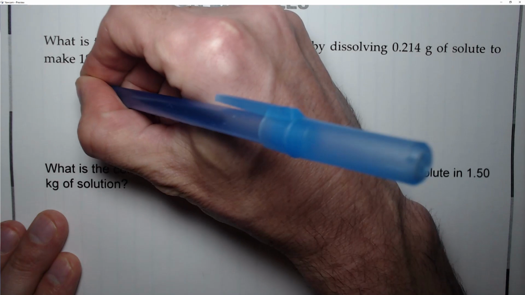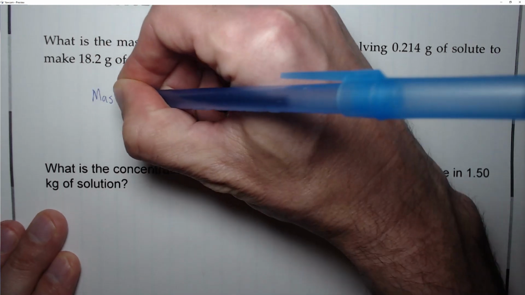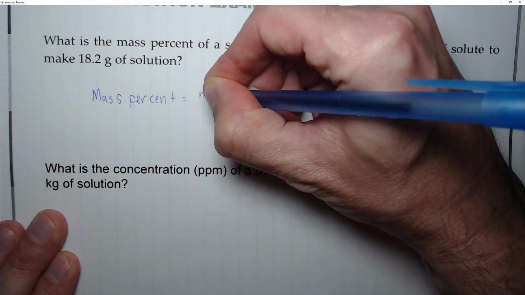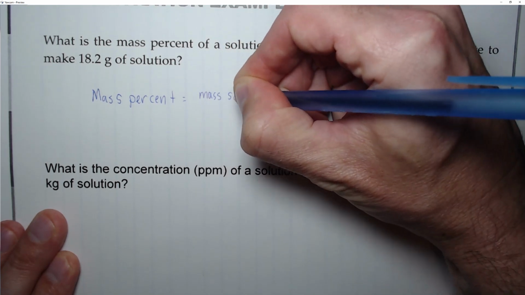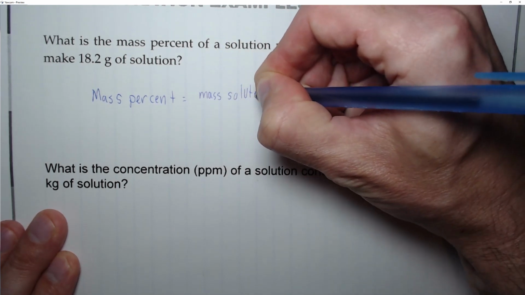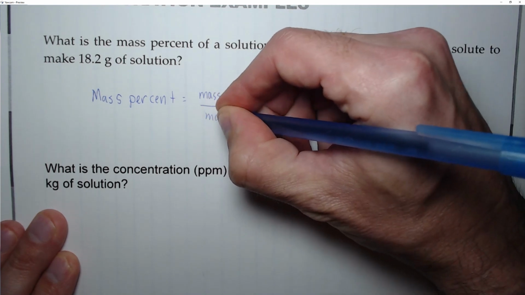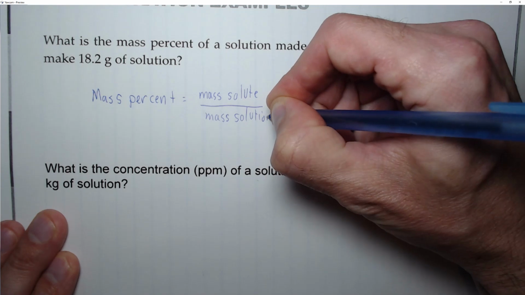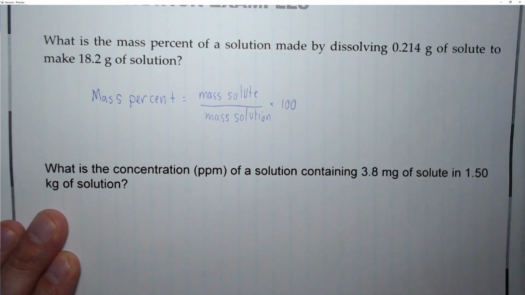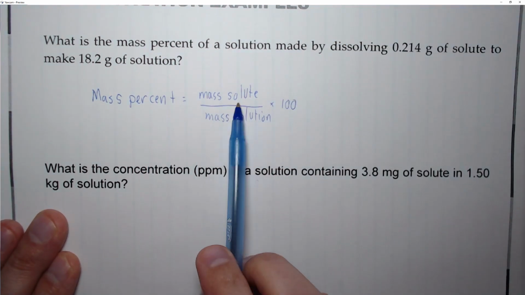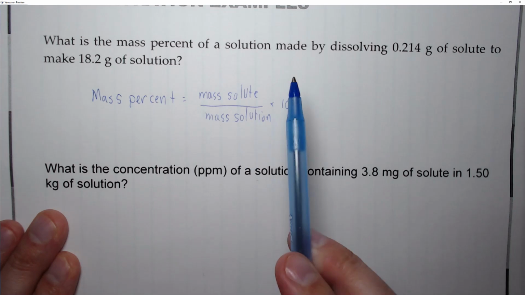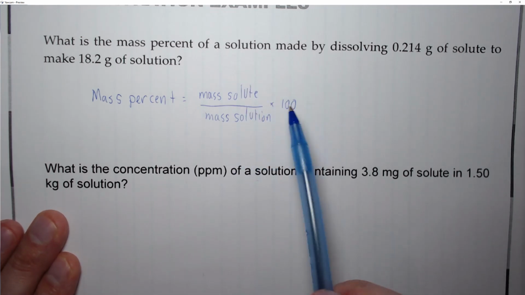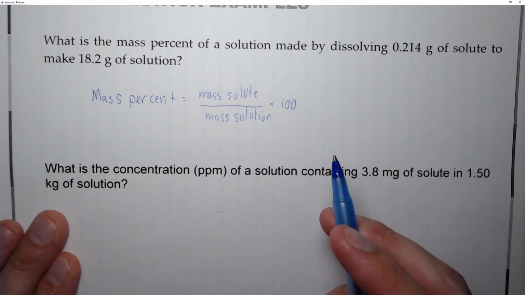If you'll recall from the previous slide, the mass percent equals the mass of the solute divided by the mass of the solution times 100. Generally speaking, we want the solute and the solution to be in grams, but it doesn't matter as long as they're in the same unit.